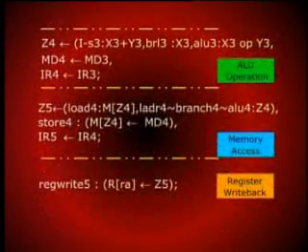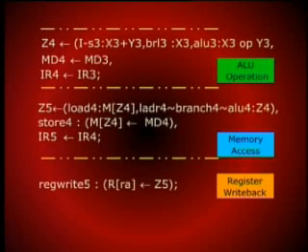Now the next stage is the ALU operation. In this case, the contents of Z4 would depend again on what type of instruction is in question. For a load store instruction indicated by LS3, we add up the contents at the input X3 and Y3 to give the output of the ALU indicating the address.